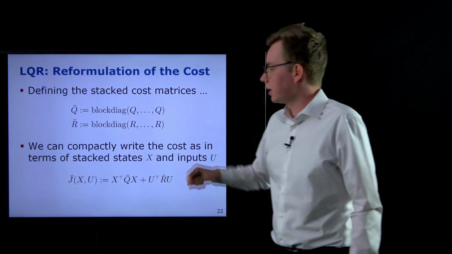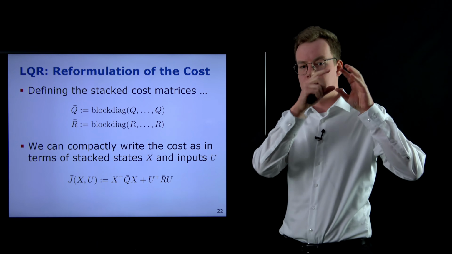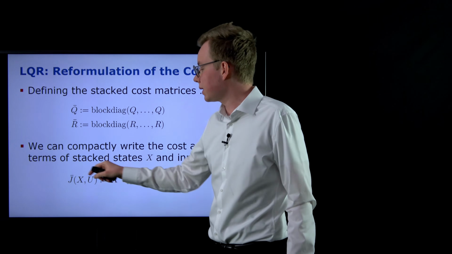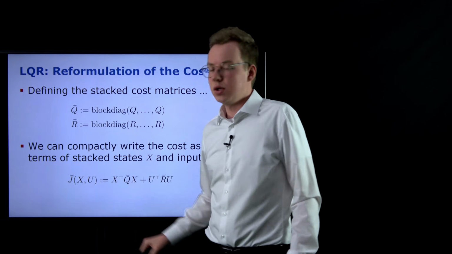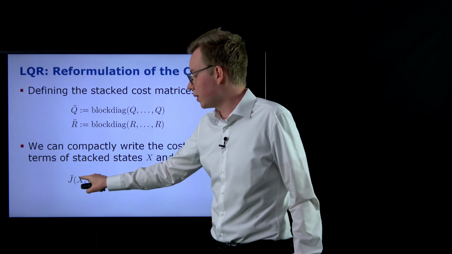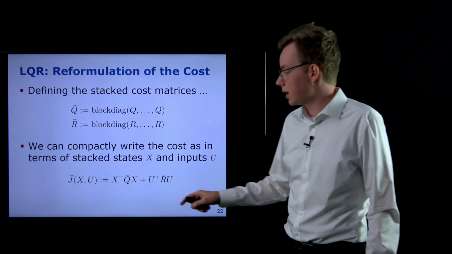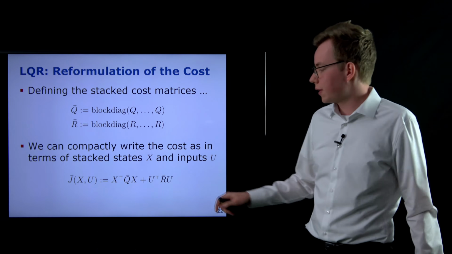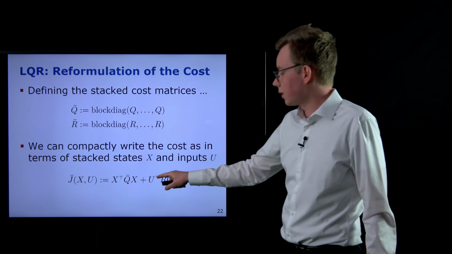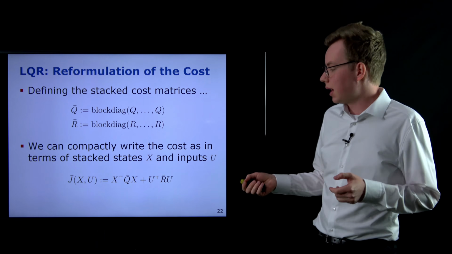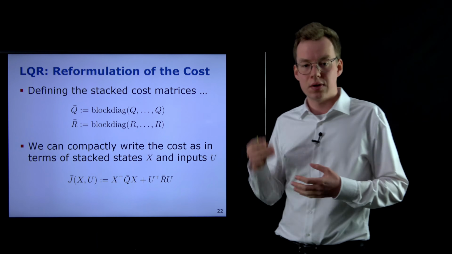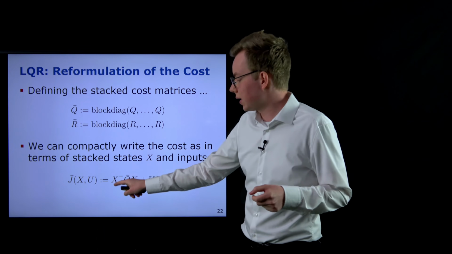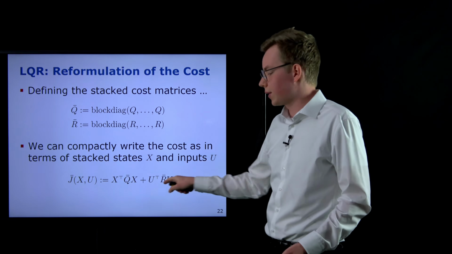And then R over bar takes the block diagonal of the original control cost matrices R. With this at hand, we can write a new cost J over bar, which can be compactly expressed only in terms of these stacked states and inputs, simply by multiplying Q from left and right with X and R from left and right with U. This looks very similar to our original stage cost, the cost at a single time step, but now it expresses the cost for the entire horizon, because these are the stacked states and the stacked controls for the entire horizon.